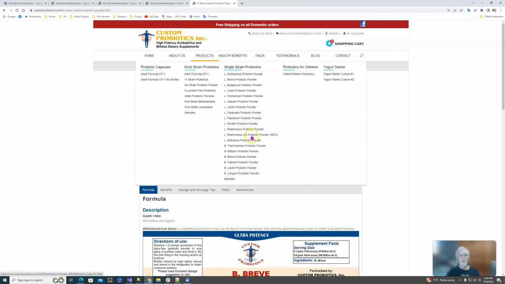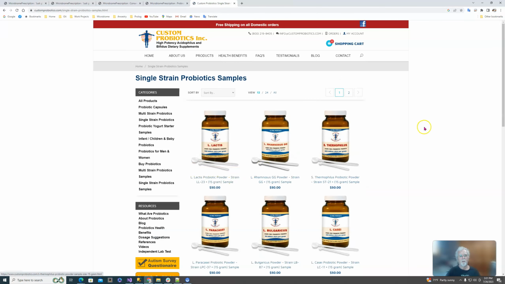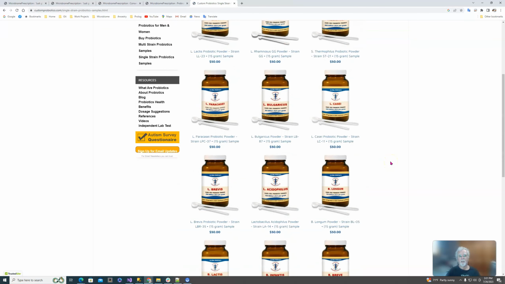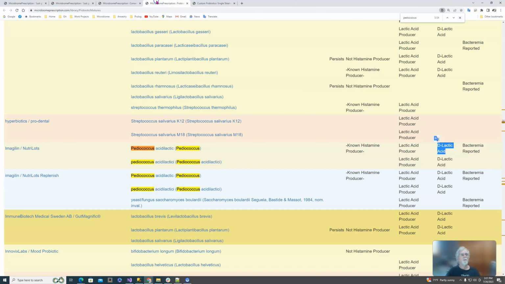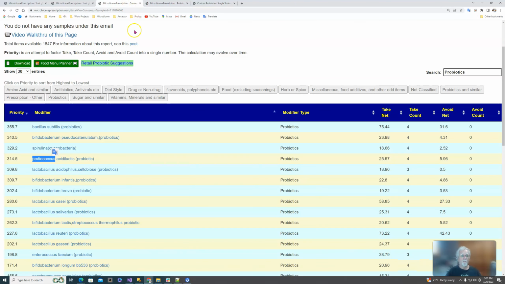Again, you can go in and take a look at the other ones with the longum or with the infantis. We do have samples there, but that is usually it. Finding where it is, I try to help as much as I can. I cannot always guarantee finding them.